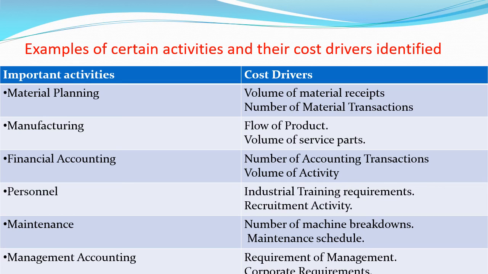Examples of certain activities and their cost drivers identified. First, material planning. Cost drivers are volume of material received, number of material transactions. Manufacturing activities, cost drivers are flow of product, volume of service parts.